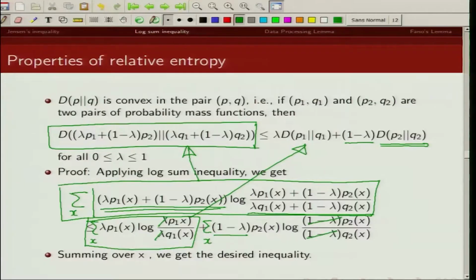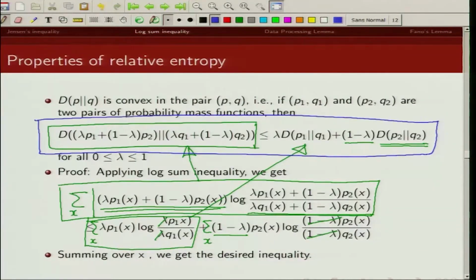So using the log sum inequality, we have shown that this relation holds, and from Jensen's inequality we know this is the condition for the divergence function to be convex in the pair P and Q.